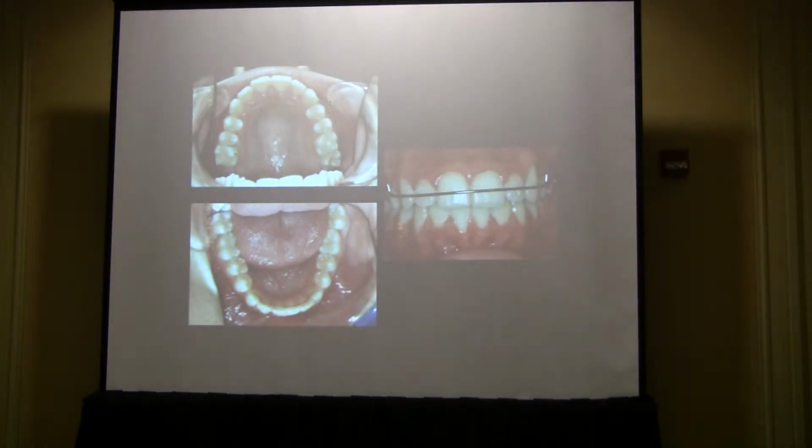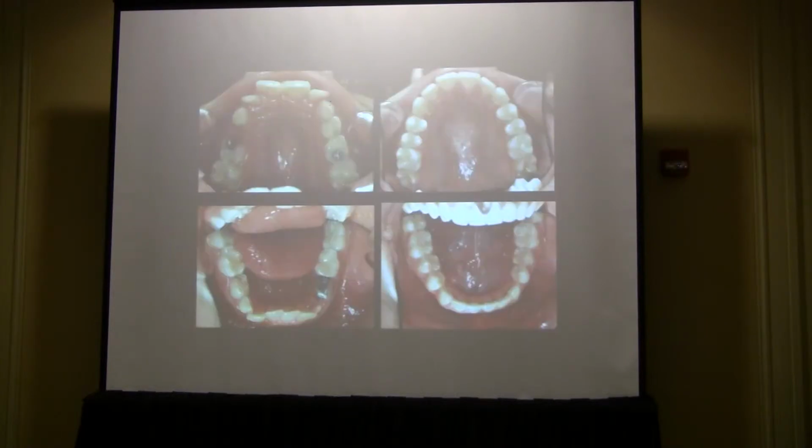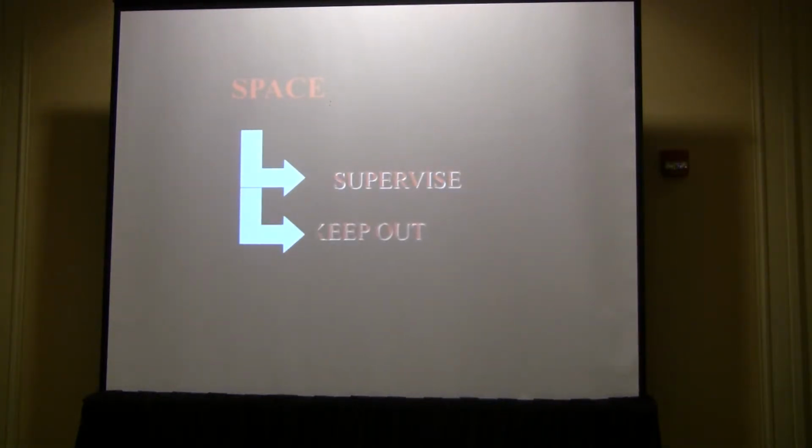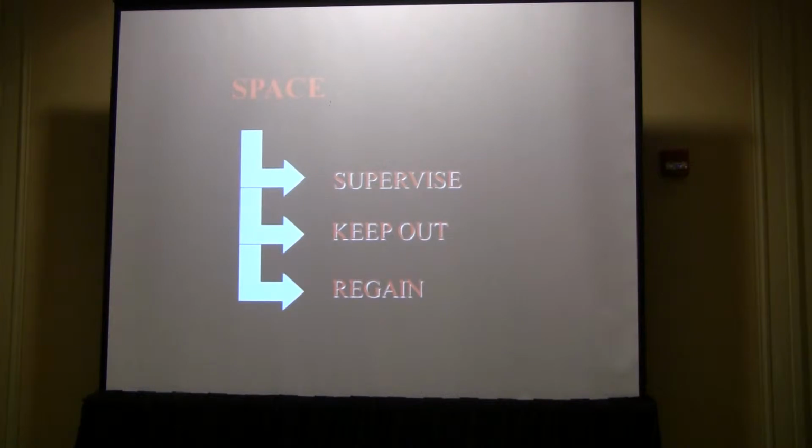When we talk about early treatment, we mean space. In early treatment, we are looking for space permanently. And there are 3 words that we must have in mind: supervise, keep out, and regain.